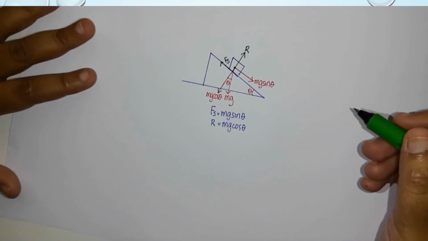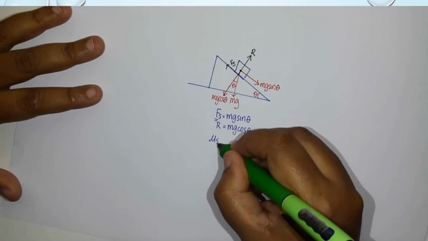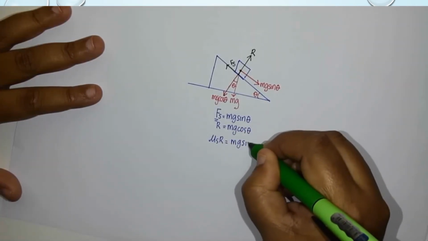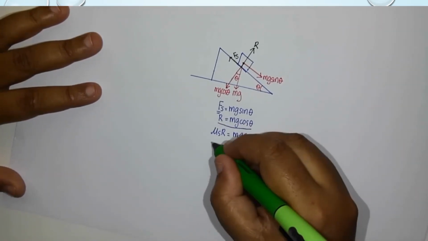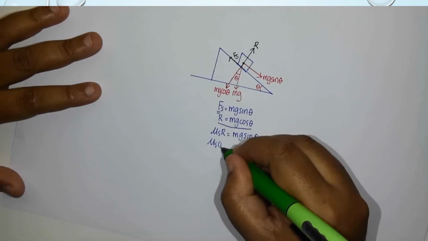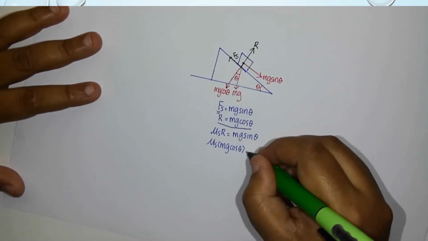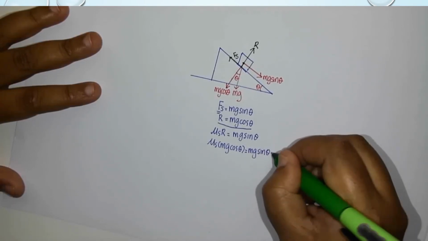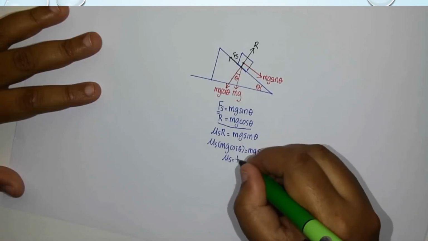What is Fs? Fs is mu s R, which equals mg sin theta. Since R equals mg cos theta, I put mu s mg cos theta equals mg sin theta. So mu s equals tan theta.